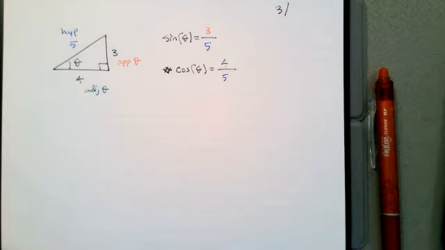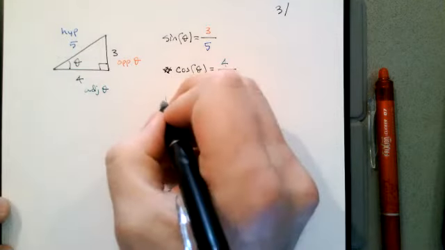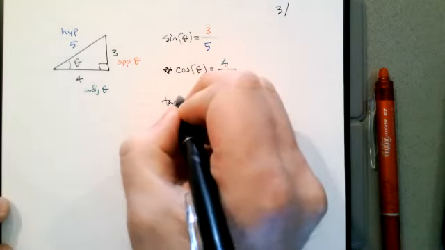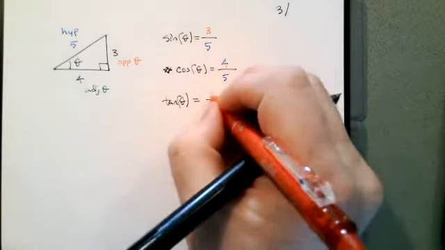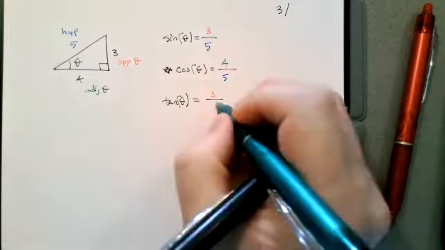And the third of the big 3 is the tangent of theta. Oops, I should put parentheses. What is the tangent of theta? Tangent is 3/4. Tangent of theta is 3/4. Opposite over adjacent. Opposite 3 over adjacent 4.